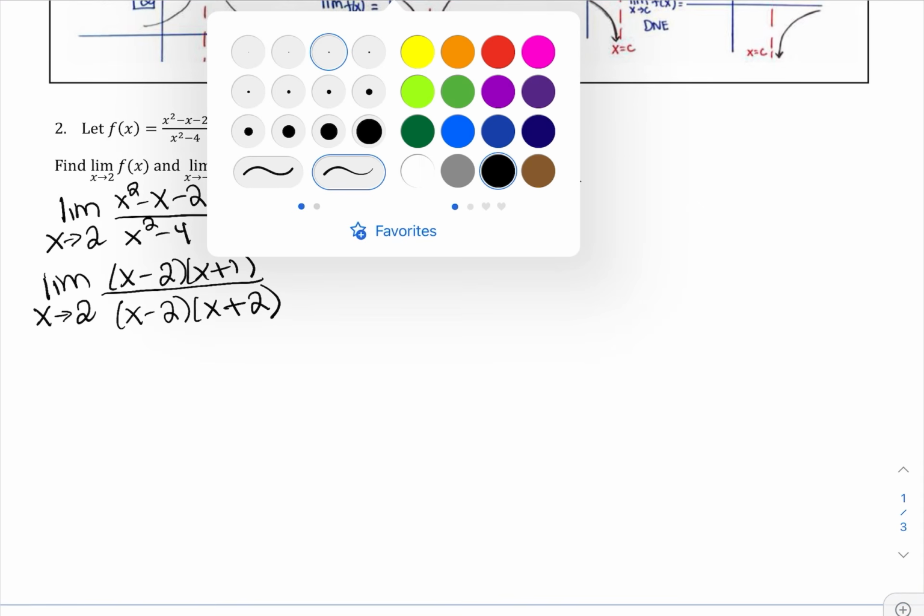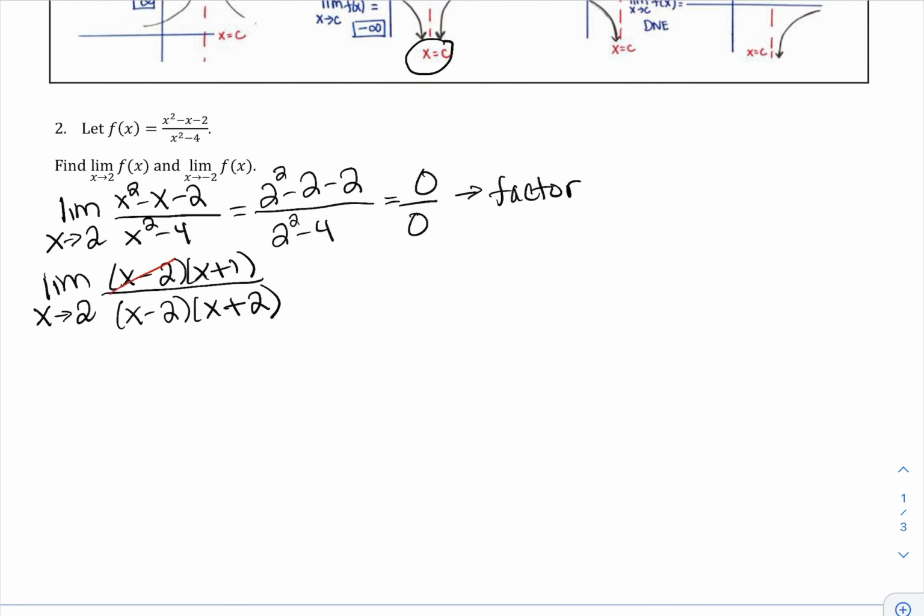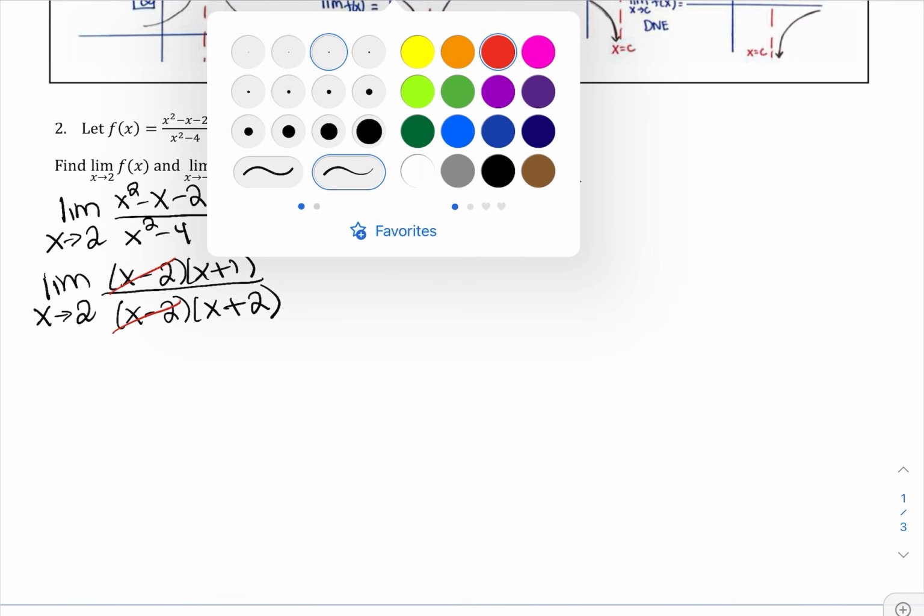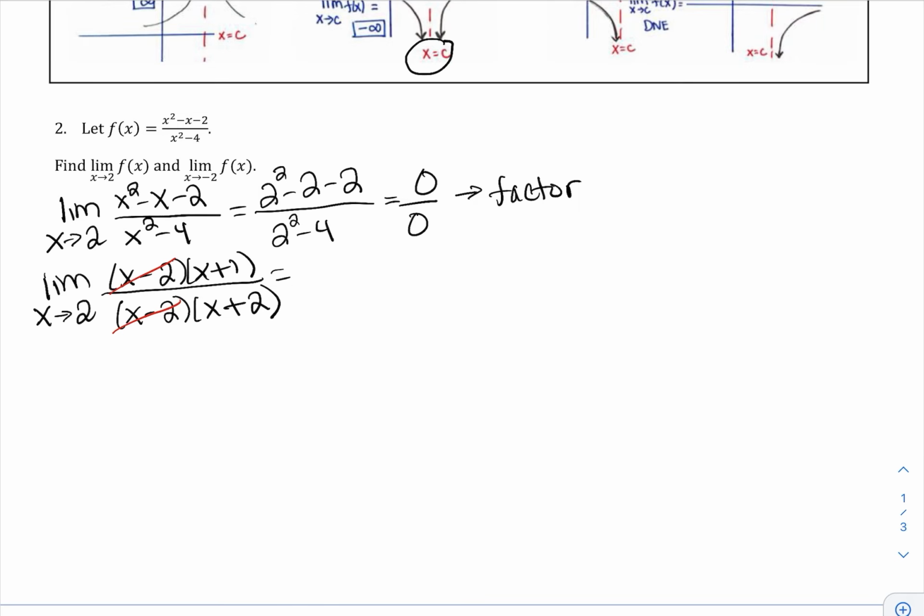Here's the issue: the x minus 2 is giving us the 0 in the bottom and the top. So I'm going to rewrite my limit with just the simplified version. And then I'm going to plug in again, and it's going to give me 3 over 4. So my limit is 3/4.